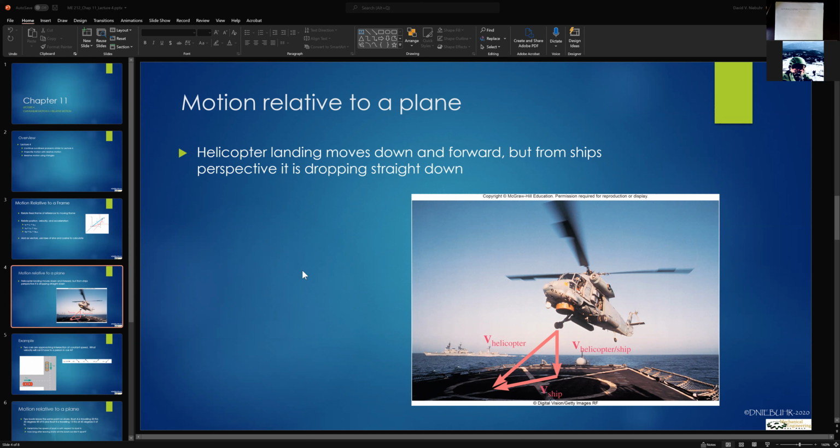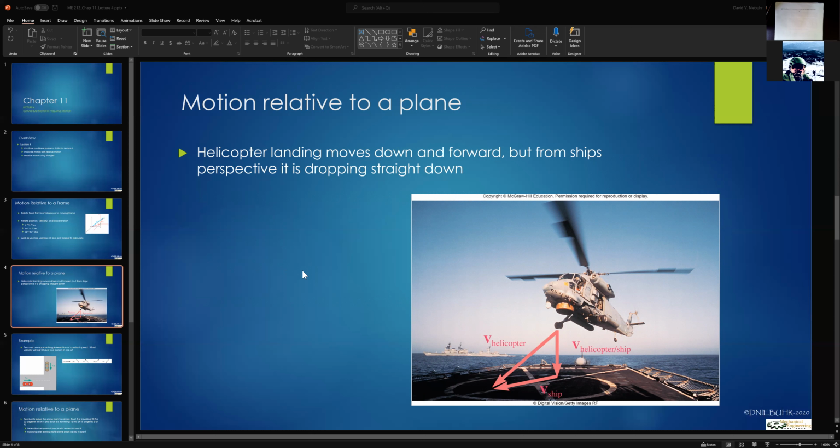If you're sitting on the helicopter as you're landing, your view is really just like you're going straight down, because both the ship and the helicopter have a forward motion. If it's going forward at 5 meters per second, then both of them are moving in the same x direction, and so from their reference frame, it's just like you're moving up and down.